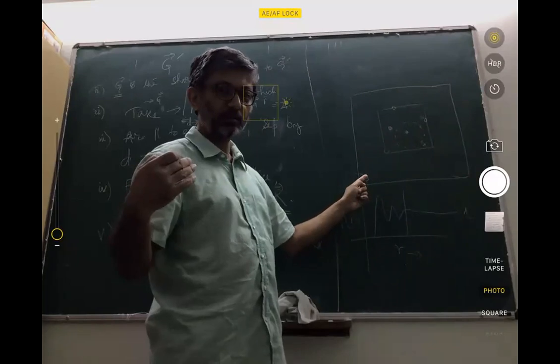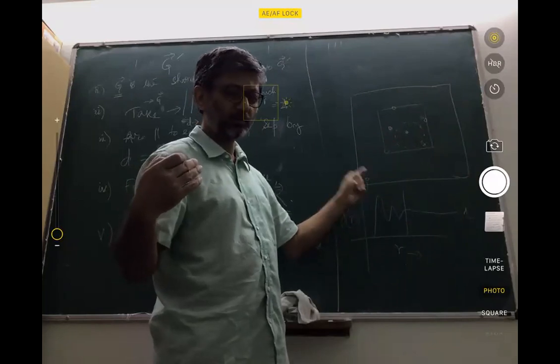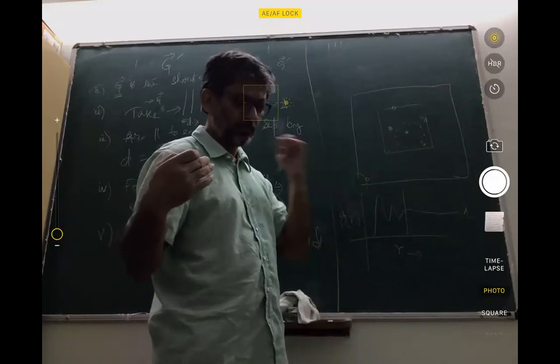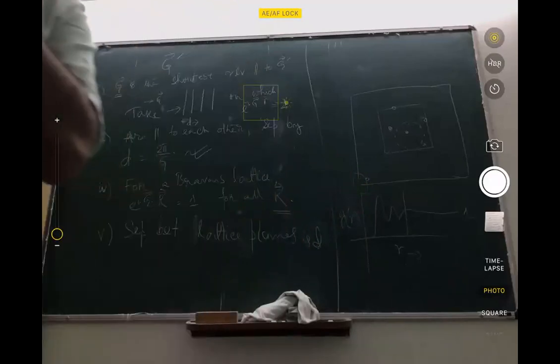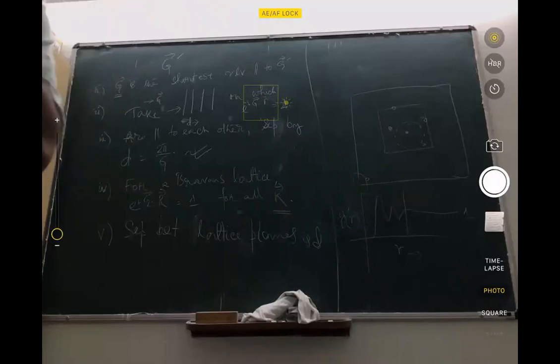You're following my point, Kaustav? Yeah, my question was, let's say I take the center of the square as my initial point and calculate g of r. If I calculate at r equals L, then in the horizontal and vertical directions I'll definitely find a particle if I impose periodic boundary conditions.